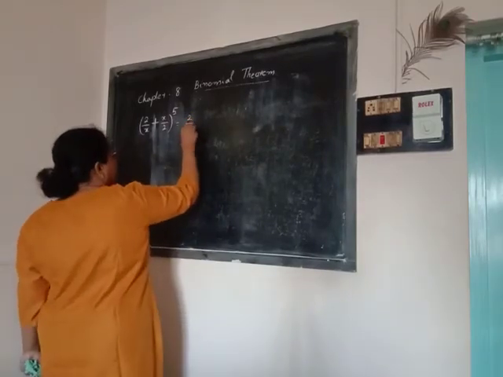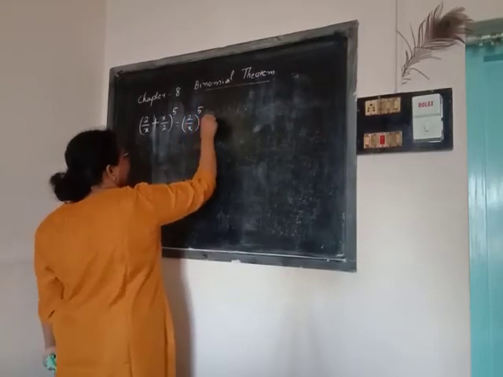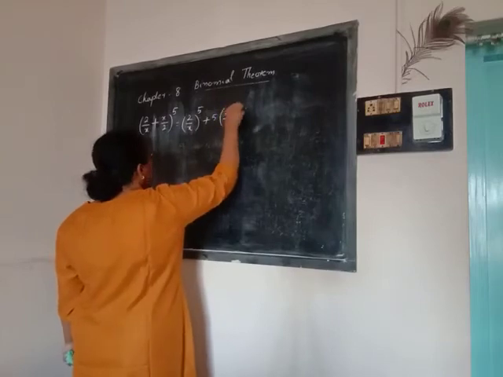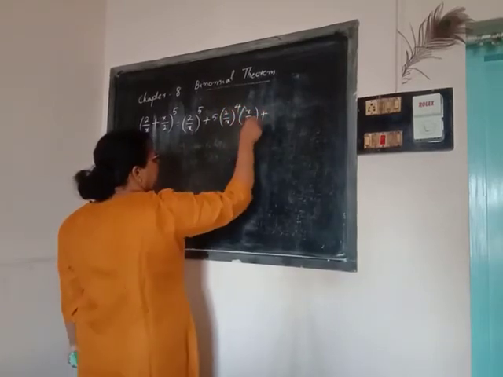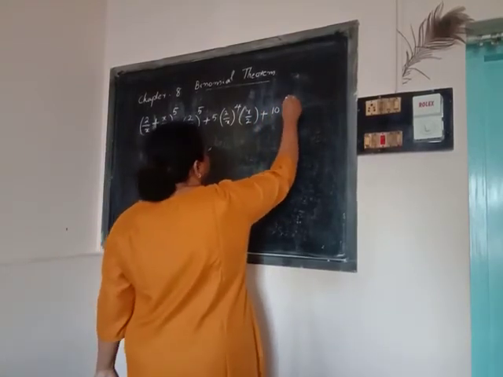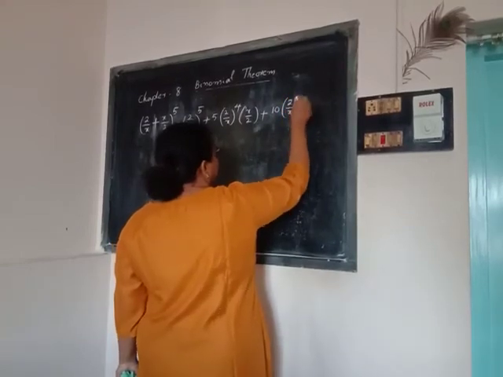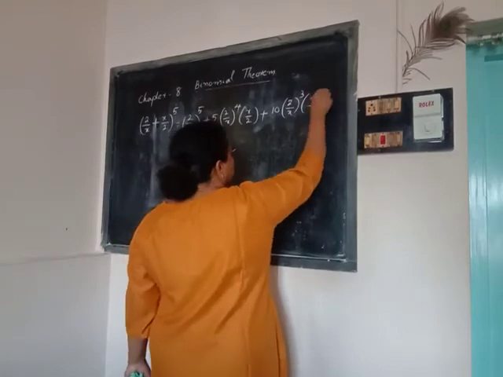First term, 2 by x raised to 5, plus 5 times 2 by x raised to 4 and x by 2. Then plus 10 into 2 by x raised to 3 into x by 2 whole square.